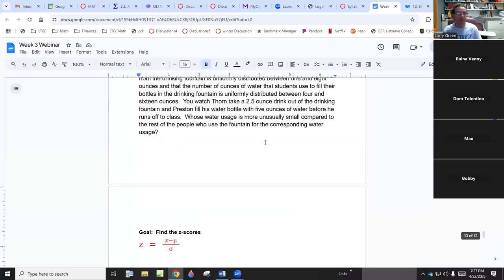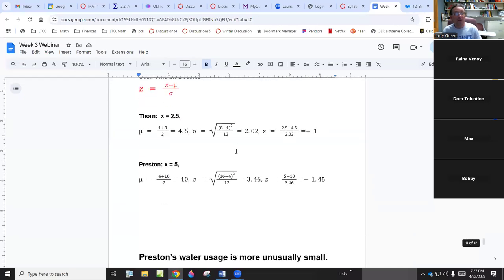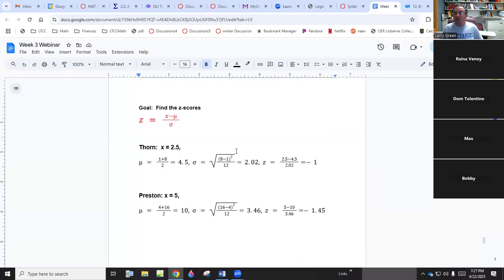Okay, so again, we want to find out whose water usage was more unusually small. So was it Thorn or Preston who had a more unusually small amount of water usage? Remember, unusually small means the z-score better be farther from zero. No, it's farther to the left.